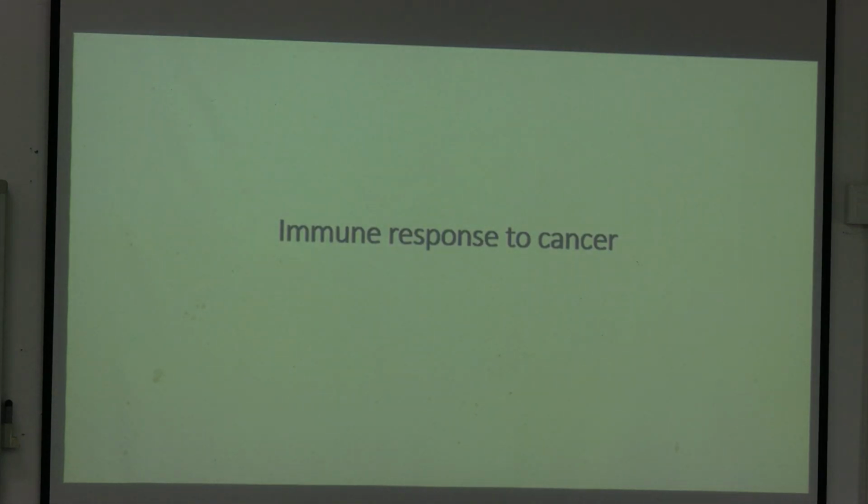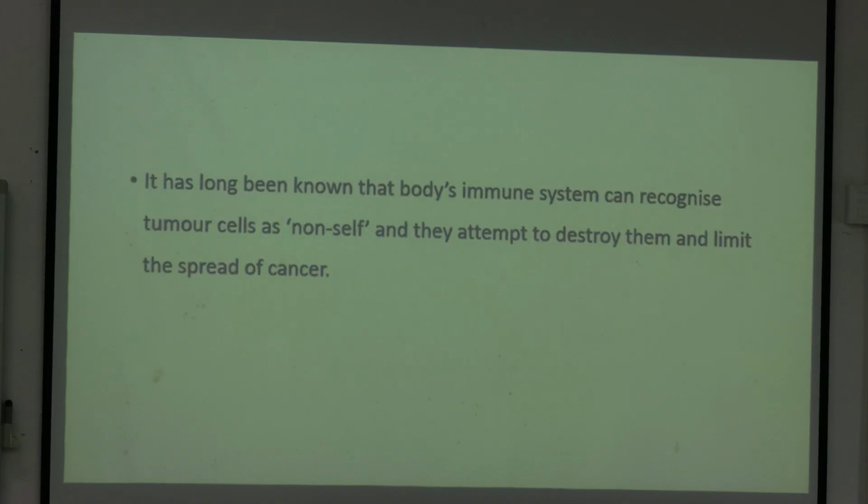Now, the immune response to cancer. It has long been known that the body's immune system can recognize tumor cells as non-self and attempt to destroy them and limit the spread of cancer.